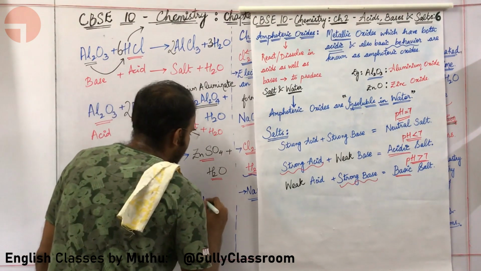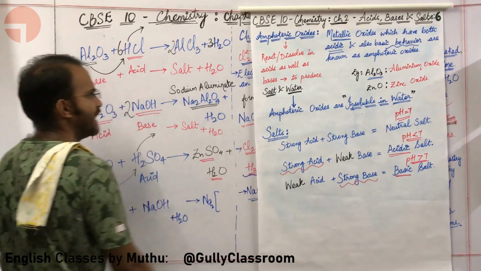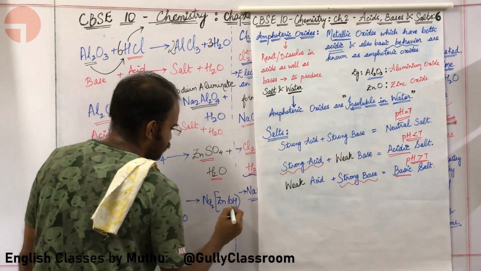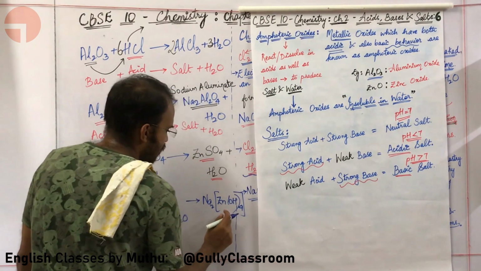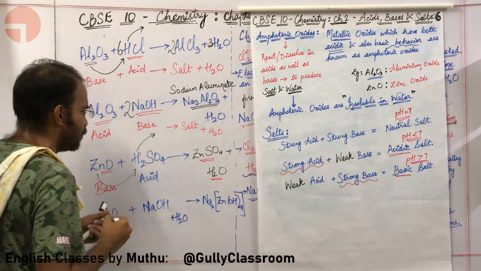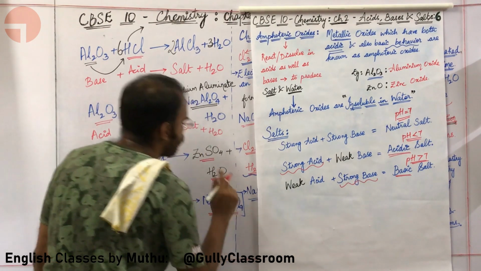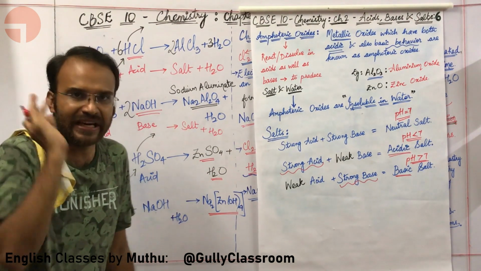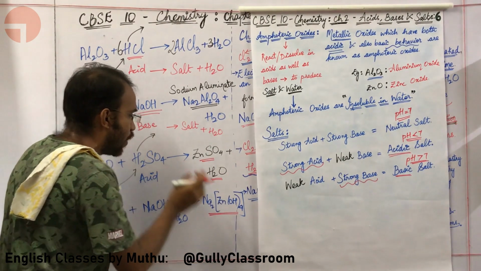I will get a coordinate compound, Na2Zn(OH)4. So this is called as a coordinate compound. We will study more about coordinate compound in our higher secondary inorganic chemistry.